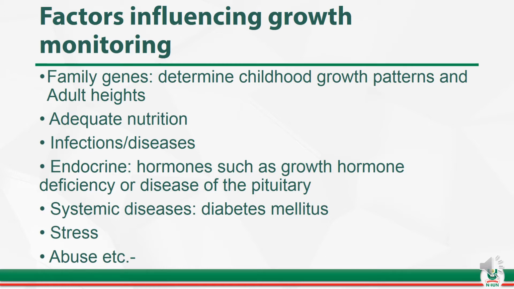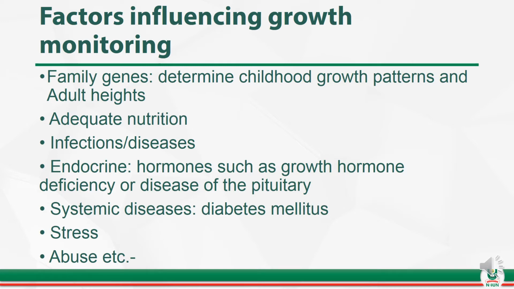Also, there are other extraneous factors, like the environmental factors, like whether the child is taking good nutrition, diseases in the environment where the child lives, whether infectious diseases, and other things that can affect metabolic conditions, like the endocrine conditions, the hormones such as growth hormone in such a child, whether it's deficient or there's a disease of the pituitary gland.